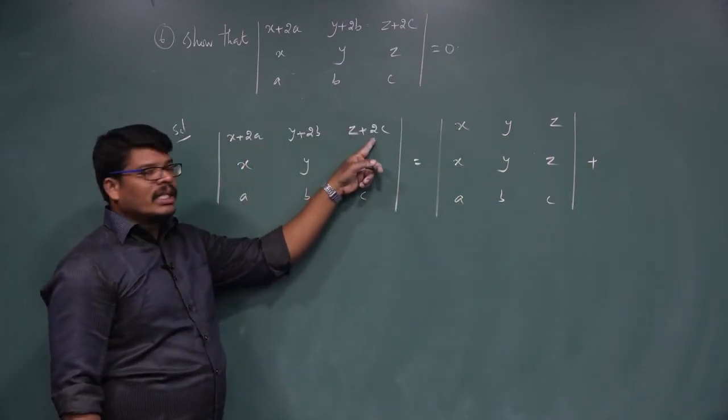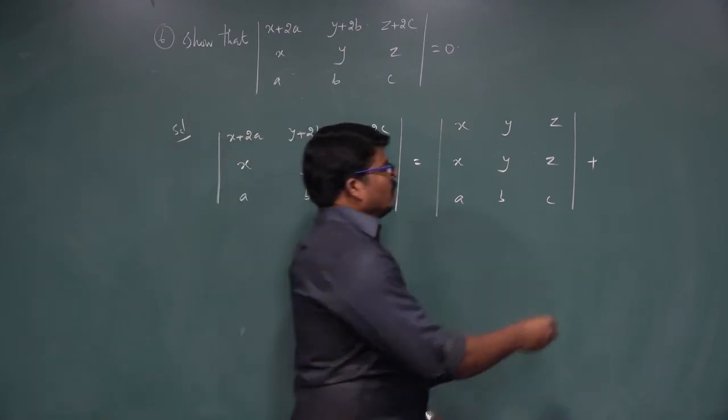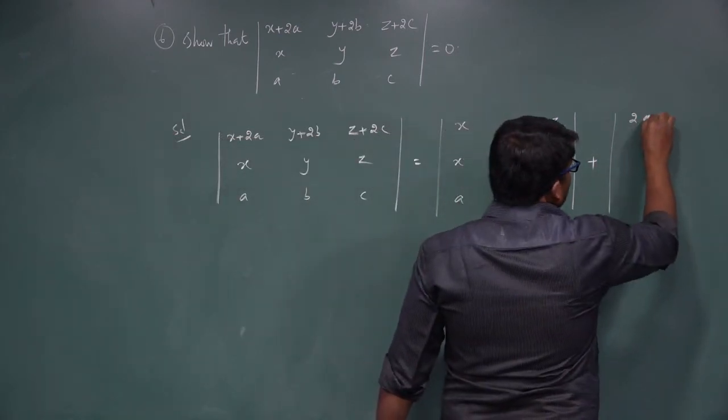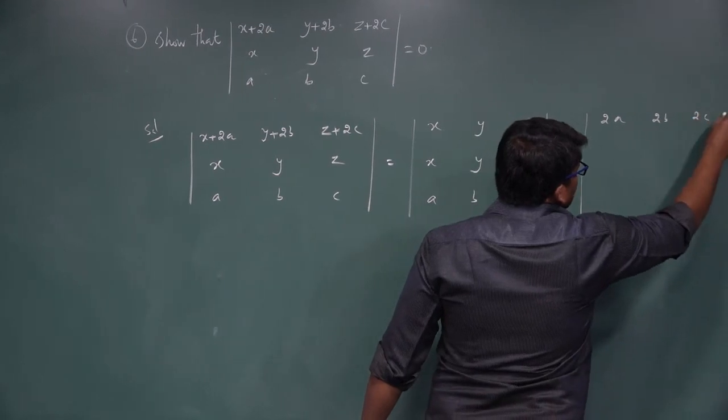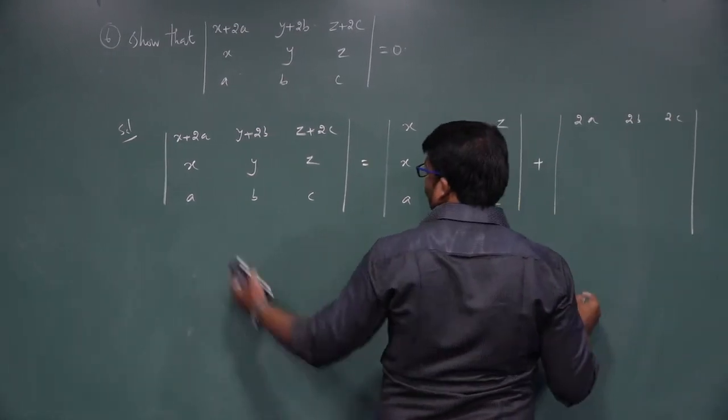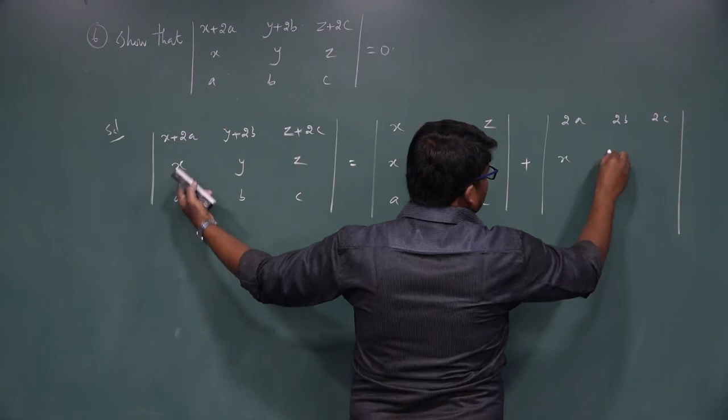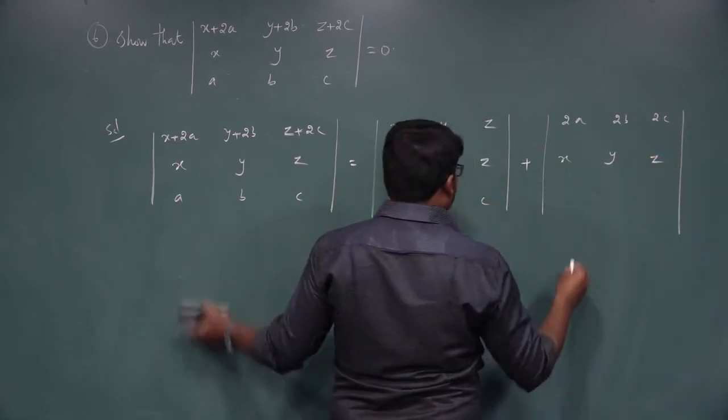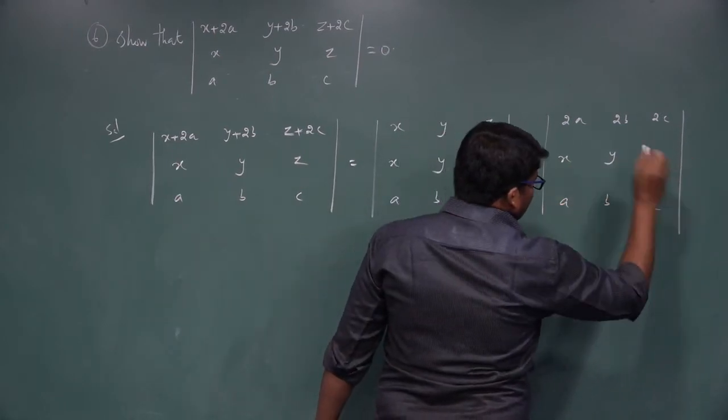Plus 2a, 2b, 2c in the first row, the second row as it is x, y, z, and the third row a, b, c.